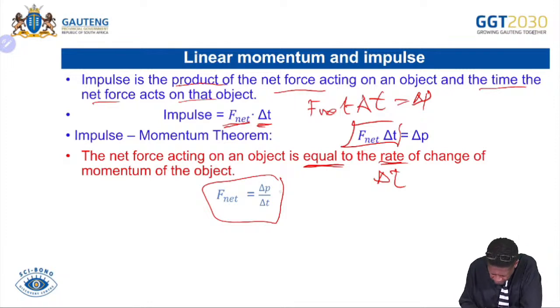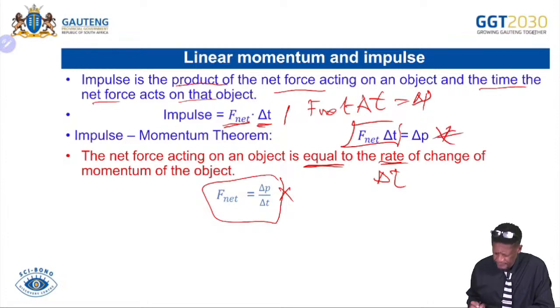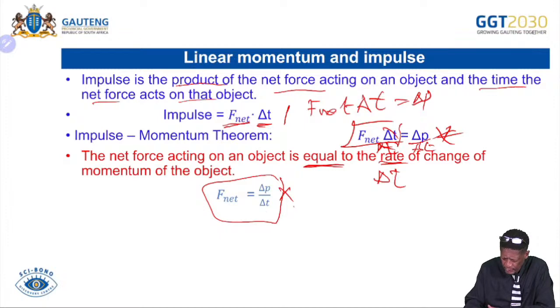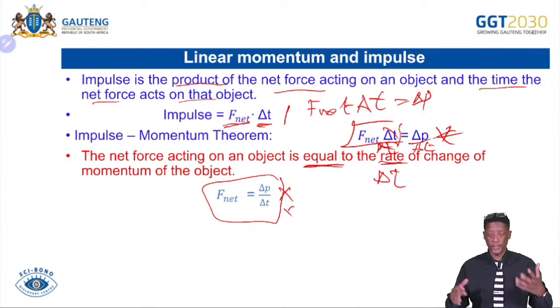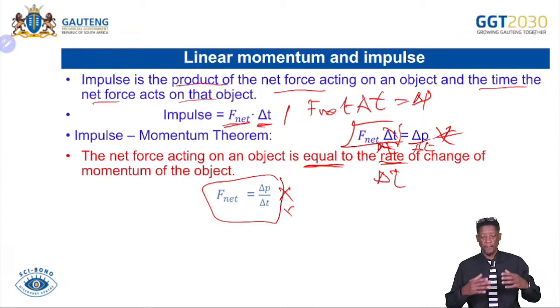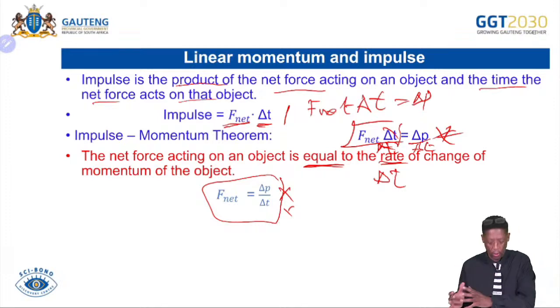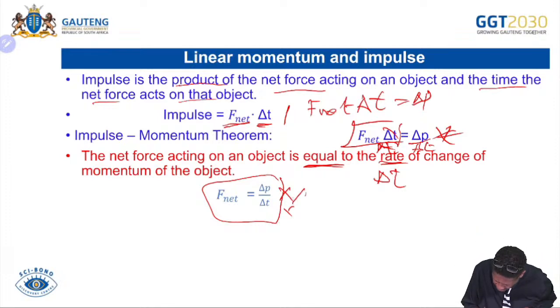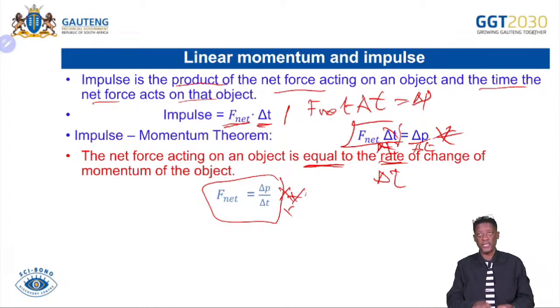Rate is change over time. So where does this come from? It comes from here. You make F the subject of the formula: divide by delta t, then you cancel delta t, and you get something like that. So this is the formula that you need to know, the interpretation of Newton's second law in terms of momentum. You'll get this in your data sheets.